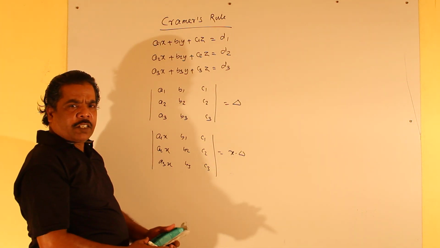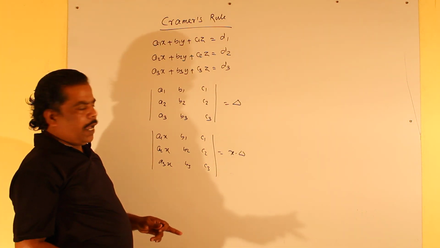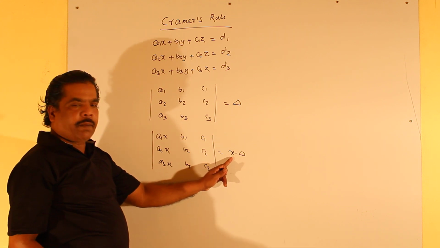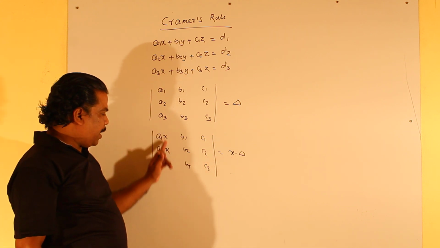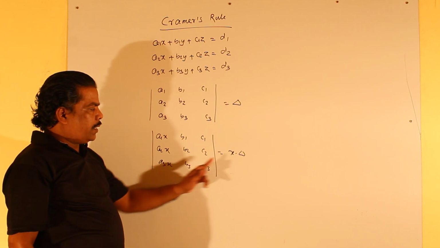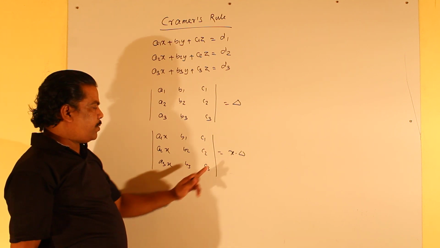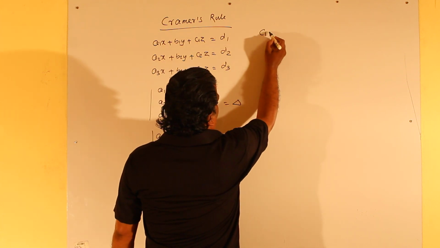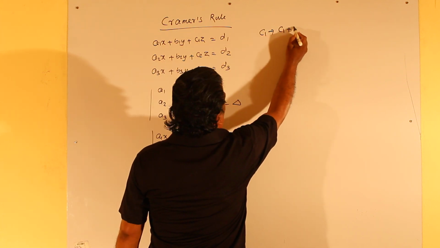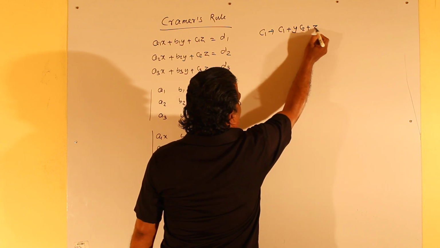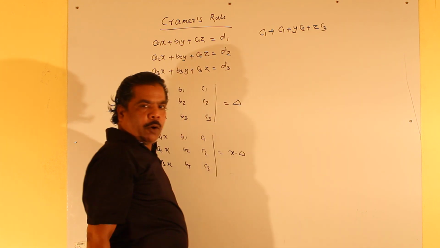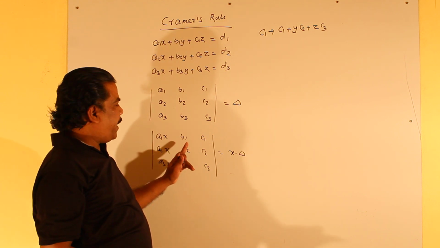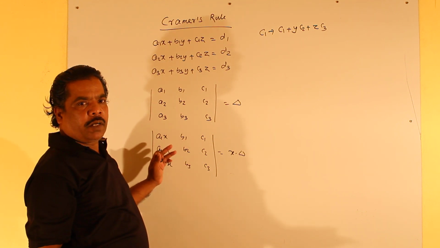If all the elements of a row or column are multiplied by a factor, then the value is multiplied by that factor. Now in case of column 1, we write column 1 plus y times column 2 plus z times column 3. We increase all the elements of column 1 by y times column 2 and z times column 3.